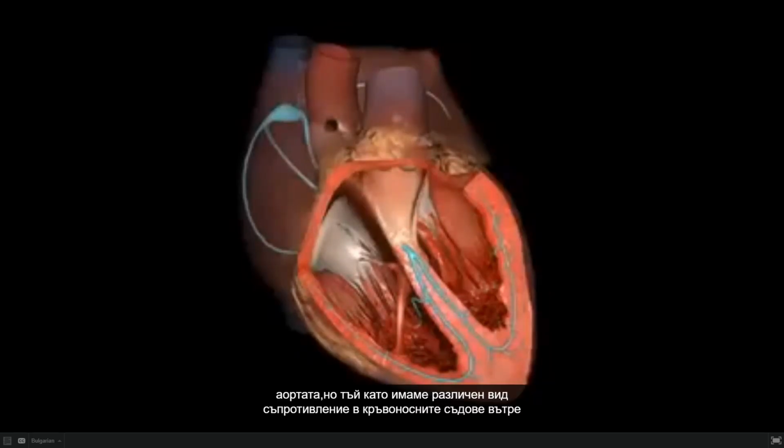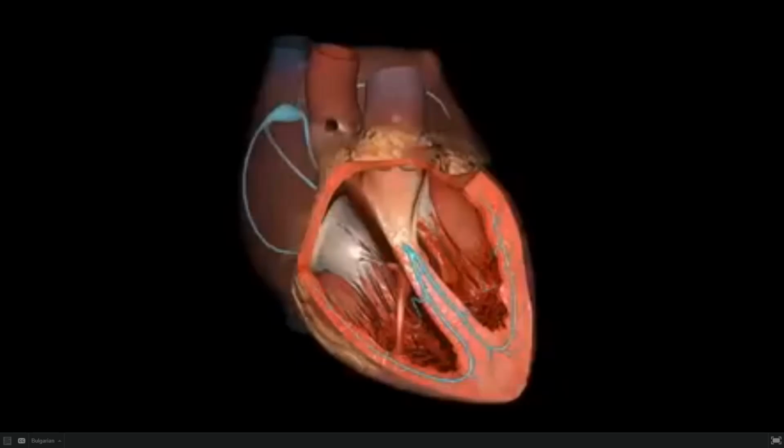But because we have different kinds of resistance in the blood vessels inside of the lung and in all your body, these two chambers are supposed to generate different kinds of pressure inside to be able to make a pump function regarding this resistance, to overcome this resistance. Okay.